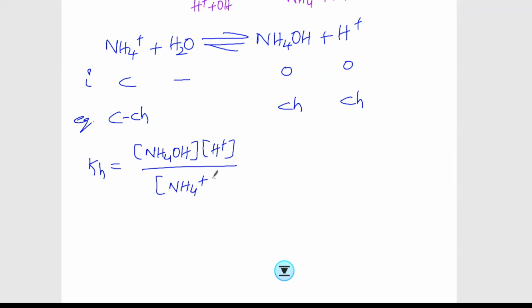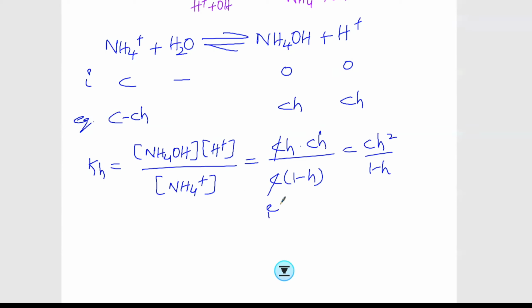We do not include H2O, because it is the hydrolysis constant. The concentration of NH4OH is Ch, H plus is also Ch, and we have C minus Ch. If you take C common, 1 minus h, C gets cancelled, and it can be written as Ch square by 1 minus h.